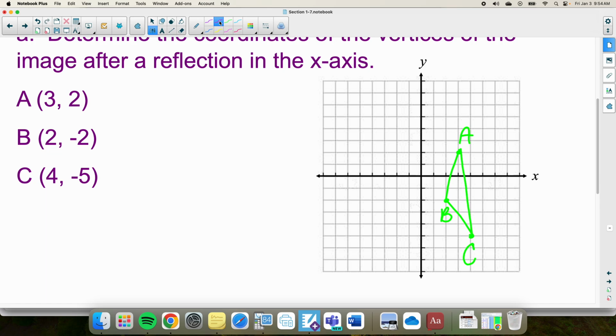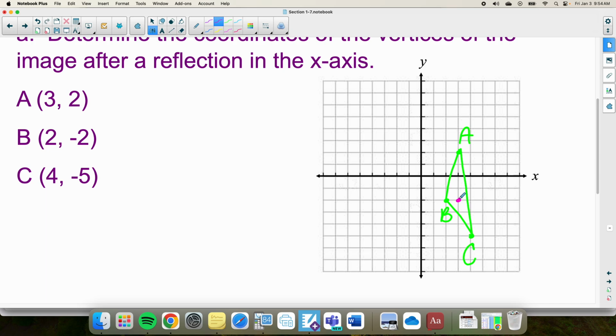If I look at this A, and I go straight down to the x-axis, it's 2 units above the x. So to reflect it over that, I have to go 2 units below the x. So if it's above the x, it's gonna end up below the x.